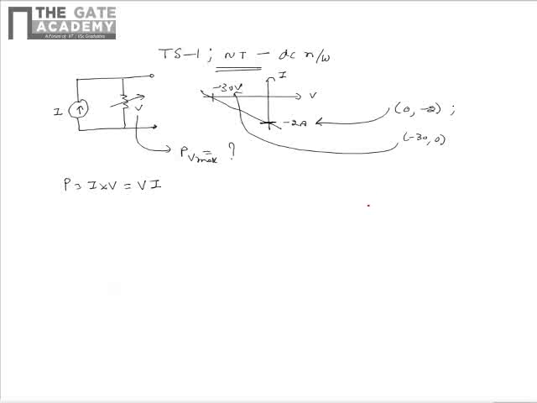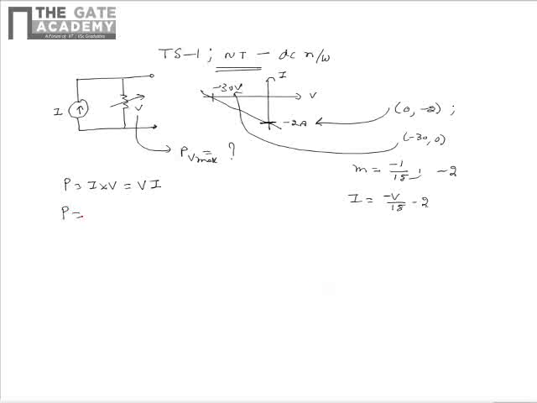So from this we see that the slope of the line is m is equal to -1 by 15 and the y-intercept is -2. From this we see that the VI relation can be written as I is equal to -V by 15 - 2.